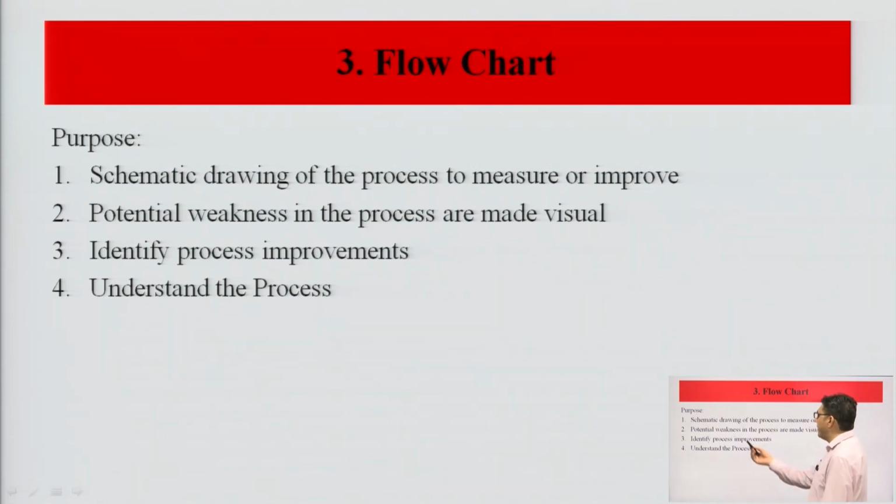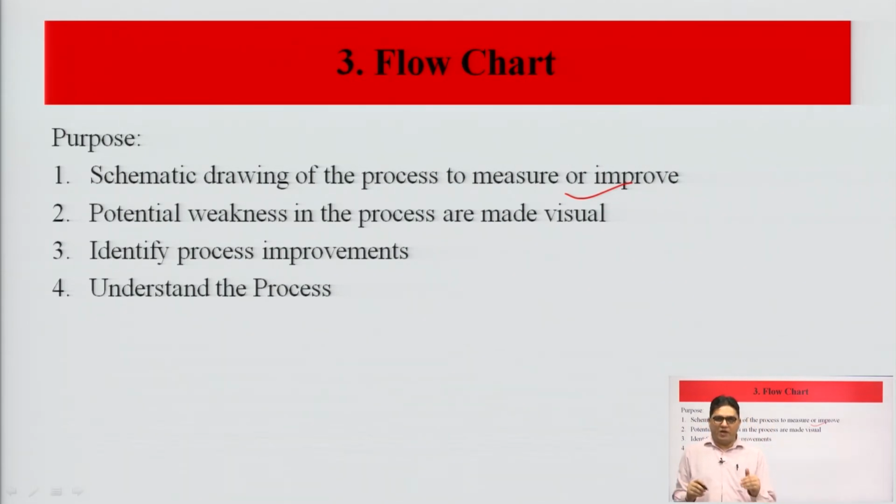So, first, it is a schematic drawing of the process to measure or for improvement. A flow chart can suggest to a company where there are chances that improvement can be done. Next, potential weaknesses in the processes are made visual.